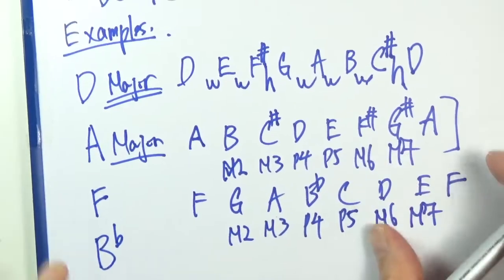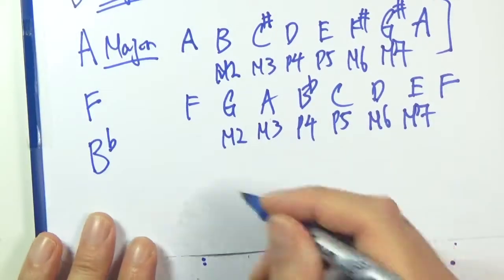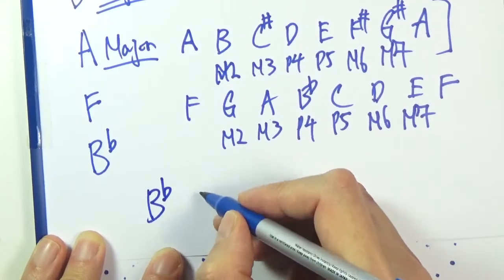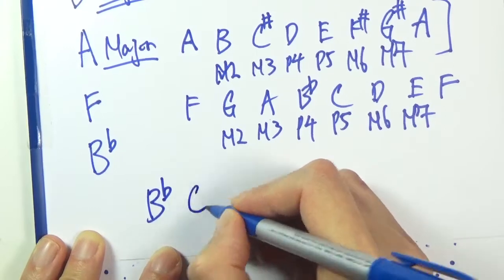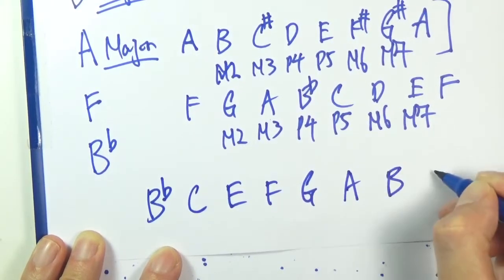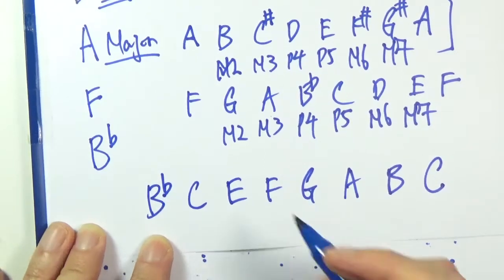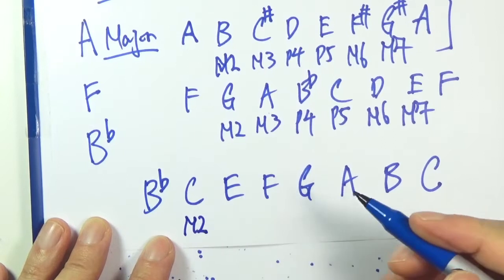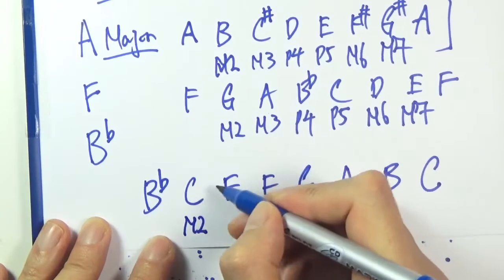Let's do one more example. Start with B flat. As usual, just write down all the naturally occurring notes: B, C, D, E, F, G, A, B. Major second, great. Sorry, I missed D there.